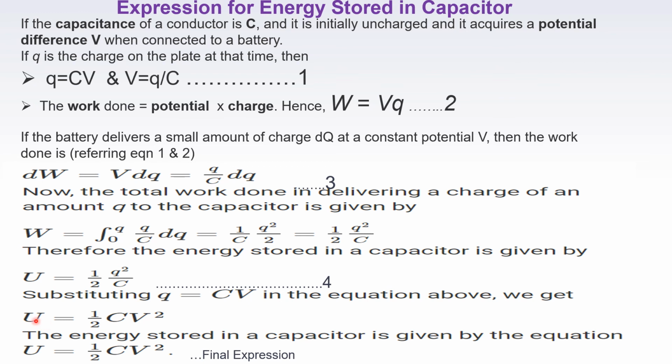So total work done or energy stored in capacitance is equal to 1 by 2 CV square, or half CV square, is the energy stored in the capacitor, whereas C is the capacitance value and V is the voltage. This is the final equation for the energy stored in capacitor.